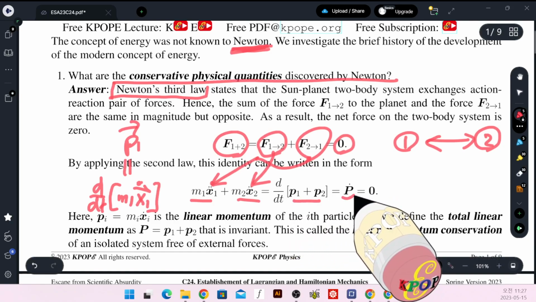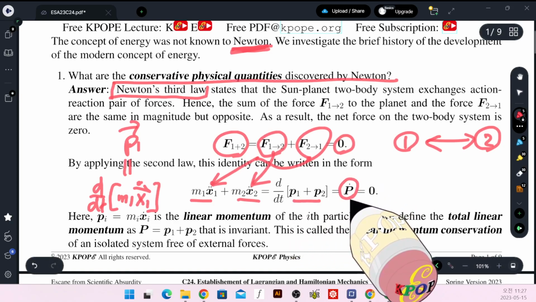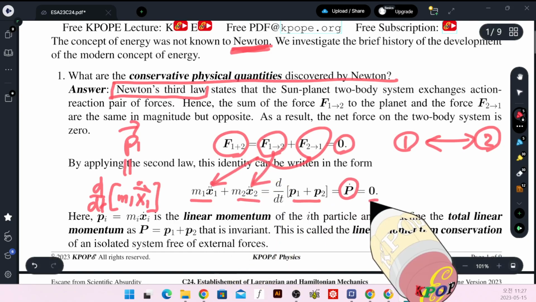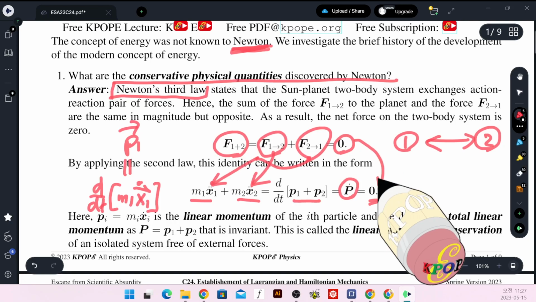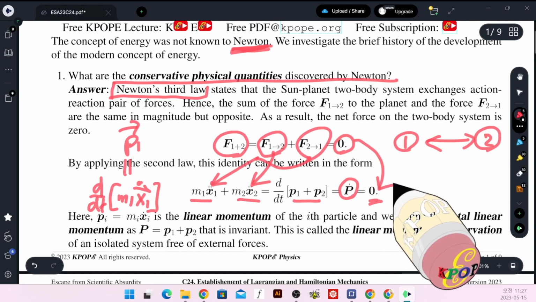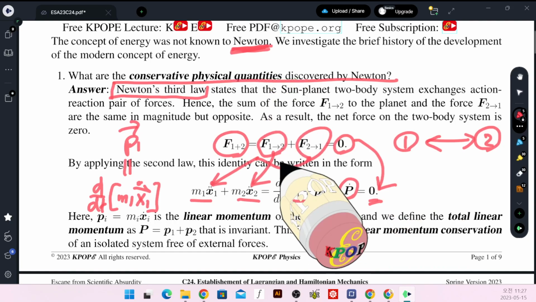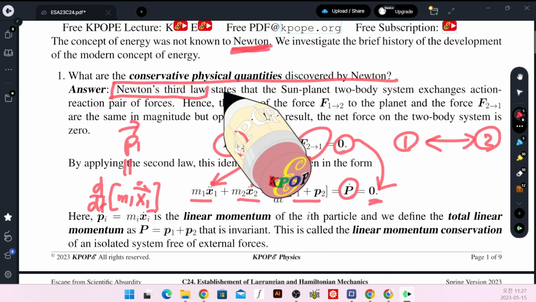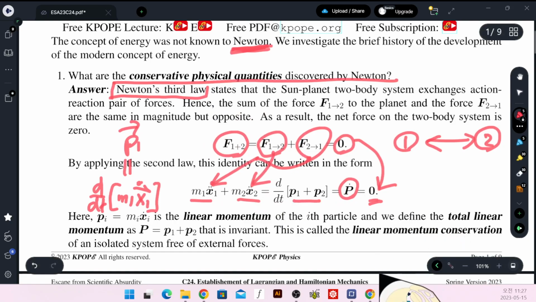Now, the time derivative of the total linear momentum of this closed two-body system is 0, because the net force applied to the system cancels, because the internal forces cancel exactly. So this is the first important one Newton has discovered, that is the conservation of total linear momentum.